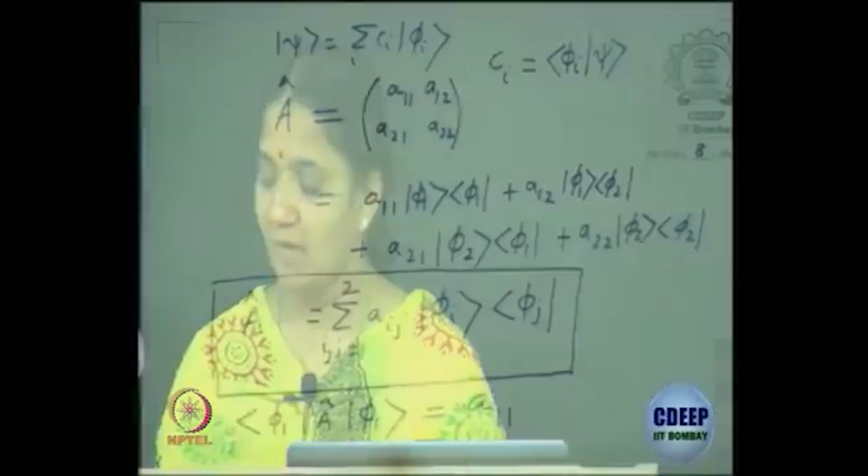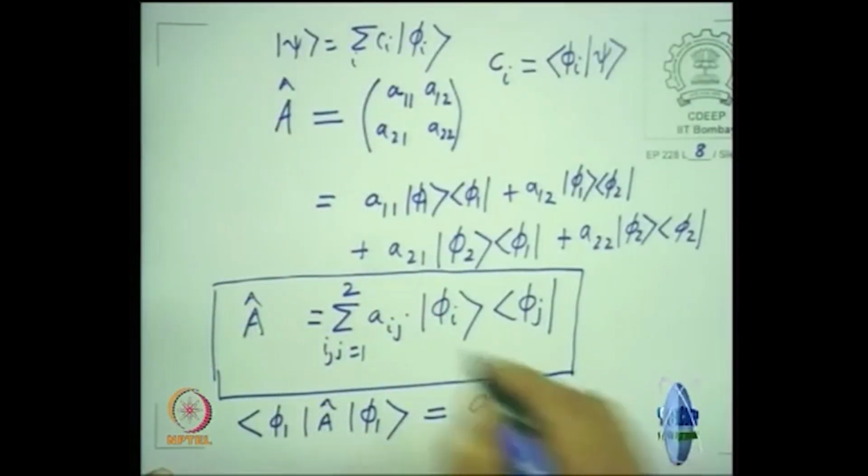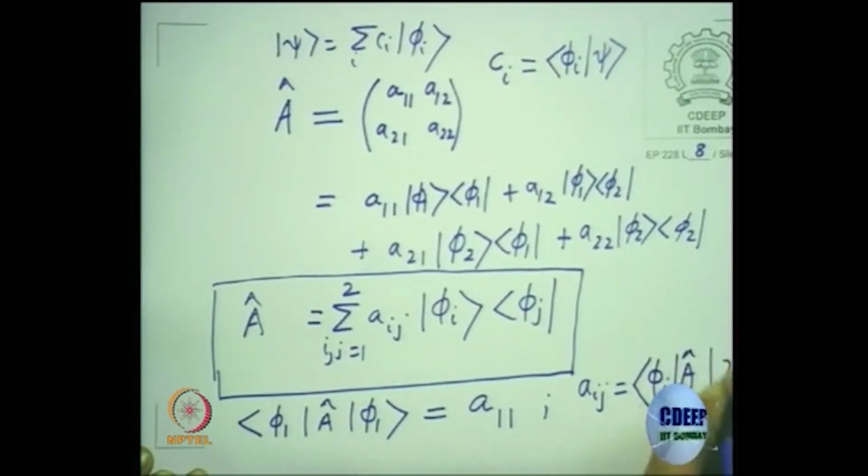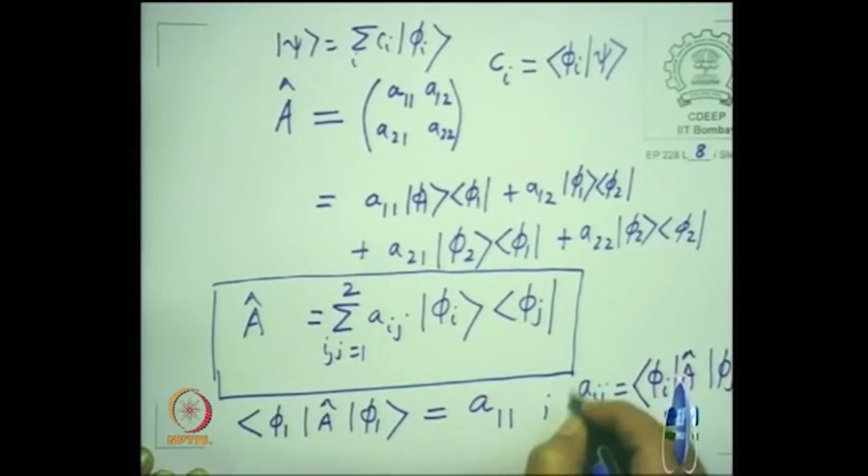So you take the inner product of phi I with psi. In the context of operators, if you want to find these coefficients Aij, you have to take phi I, A operator, phi j. That is it.